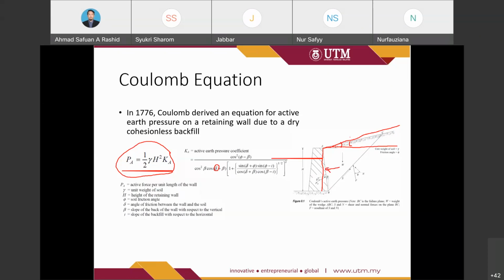It may have a certain angle due to the friction between wall and soil, so we need to include the delta value to determine the direction of the Pa. So this is the Coulomb equation.